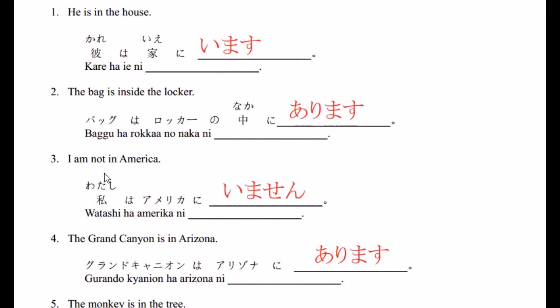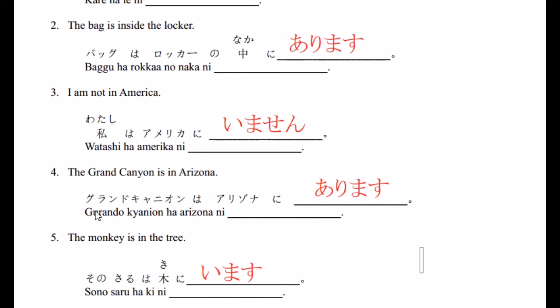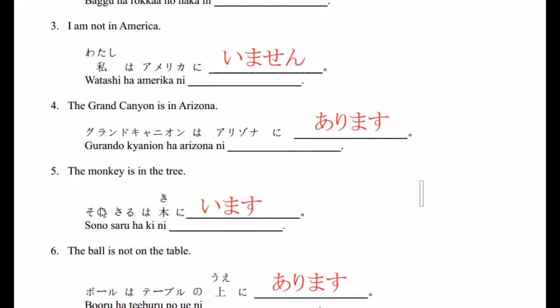Number 3, I am not in America. 私はアメリカにいません。So of course we have not, so we need the negative form, いません, because we're talking about me, a living animate thing. So we need to use いる, and we get いません.